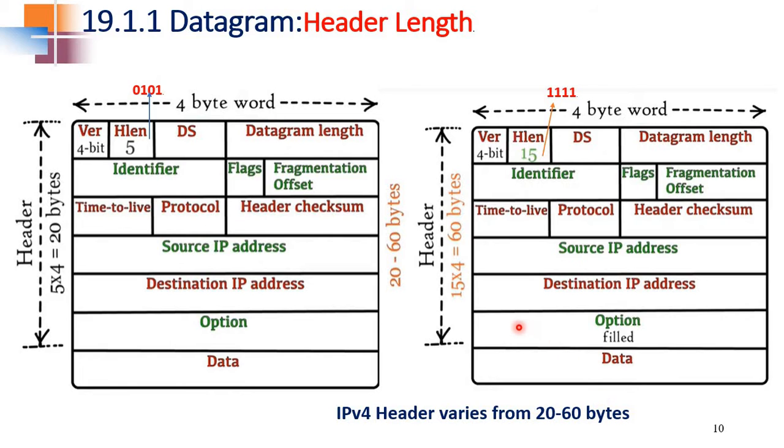So we define the minimum value of your address. The minimum value of your address is supposed to be 20 bytes. If it is less than 20 bytes, then this information will not give clear information to the receiver. Who is going to be the mediator?